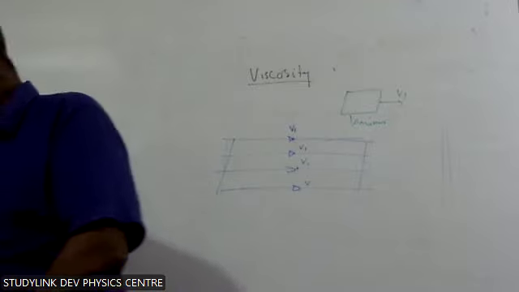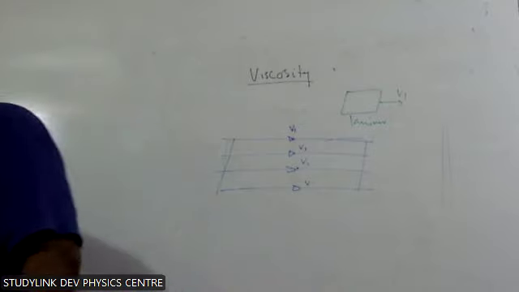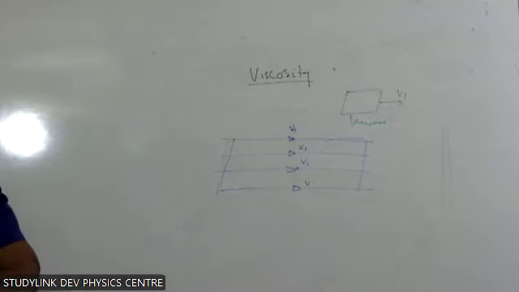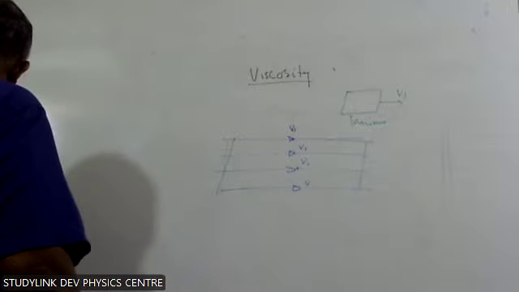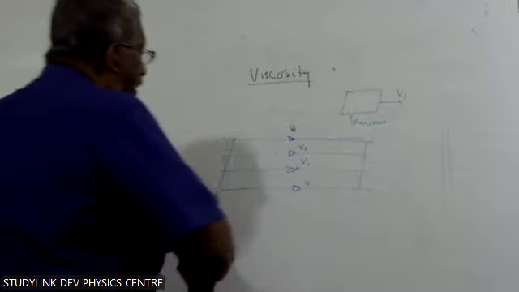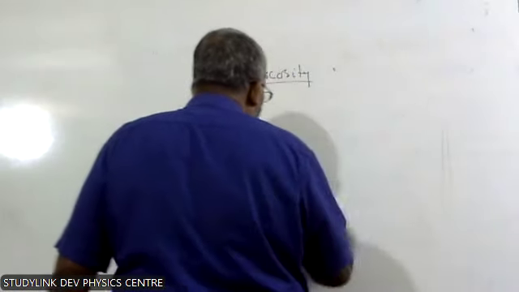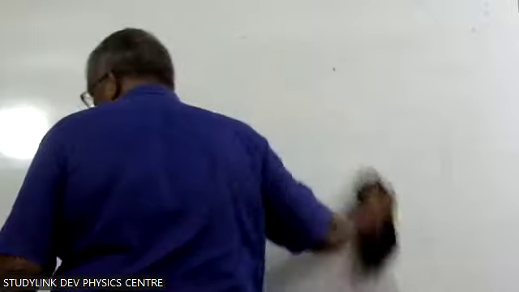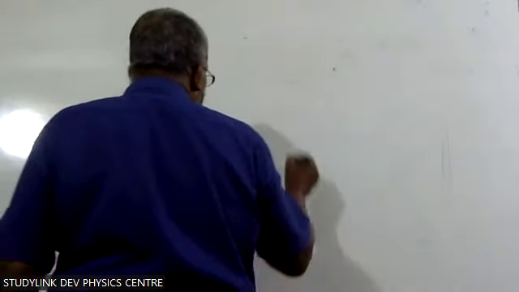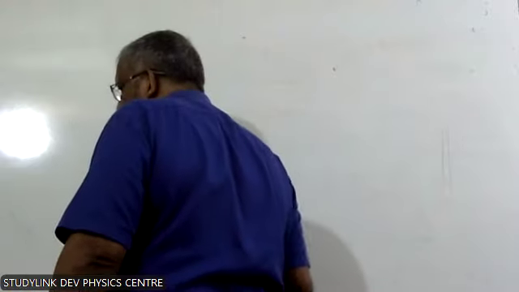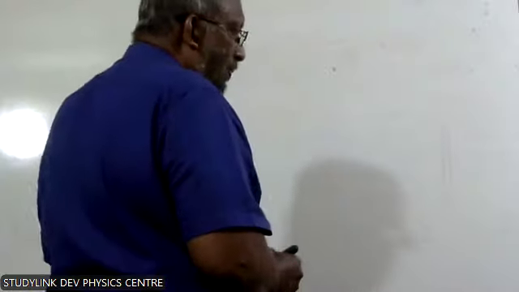Next one, turbulent flow. When there is a laminar flow, even if one particular streamline has a different velocity, then that is called turbulent flow.